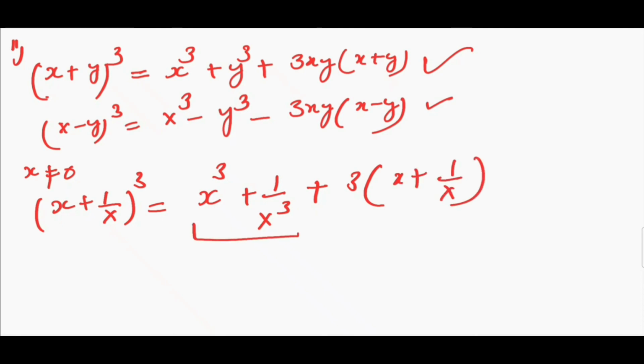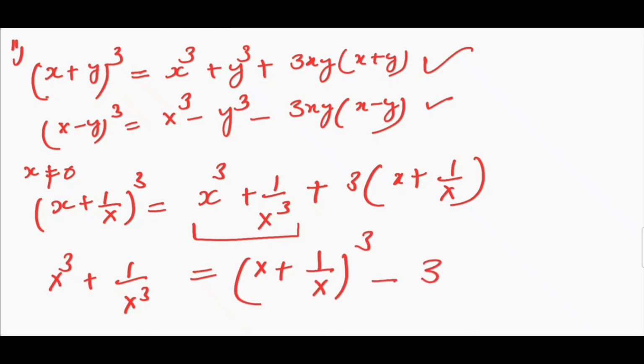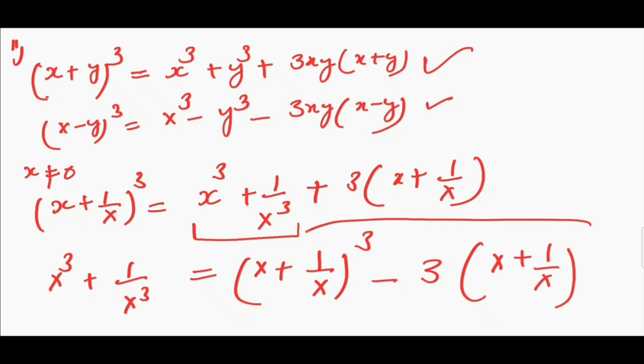So here we can find that x^3 + 1/x^3 = (x + 1/x)^3 - 3(x + 1/x). So remember this formula.